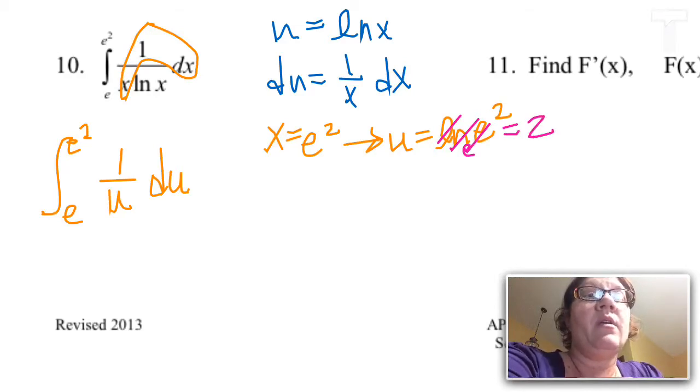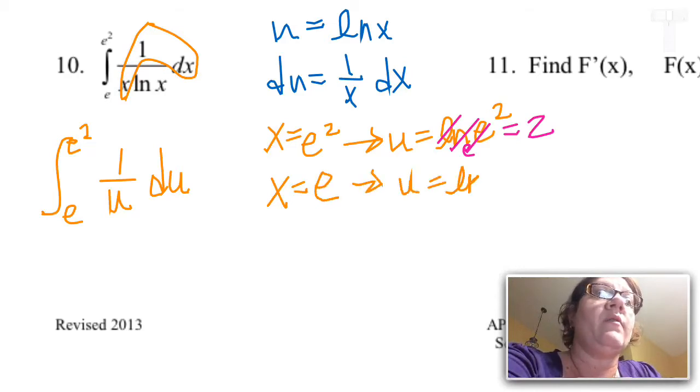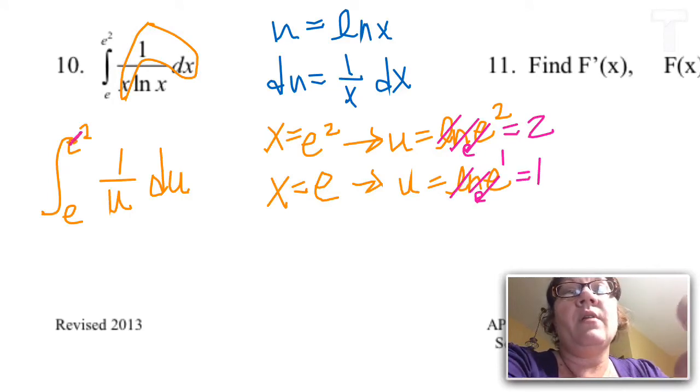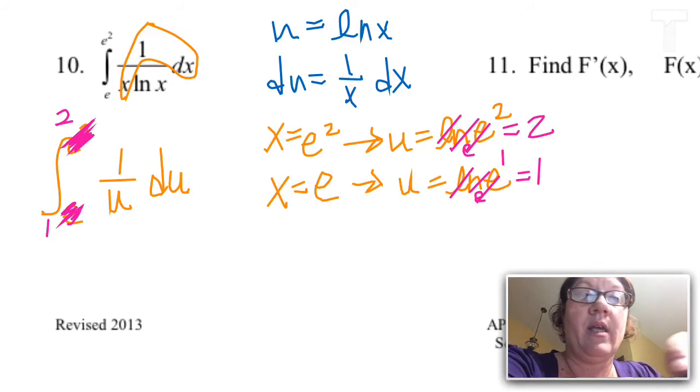And then same thing, if x is e, that's the lower bound, then u will be natural log of e. And same issue is happening. I have a little e down here, and a little 1 up there, and those cancel each other out, and I get 1. So I'm going to change these into my u bounds so that I don't have to substitute back in at the end.